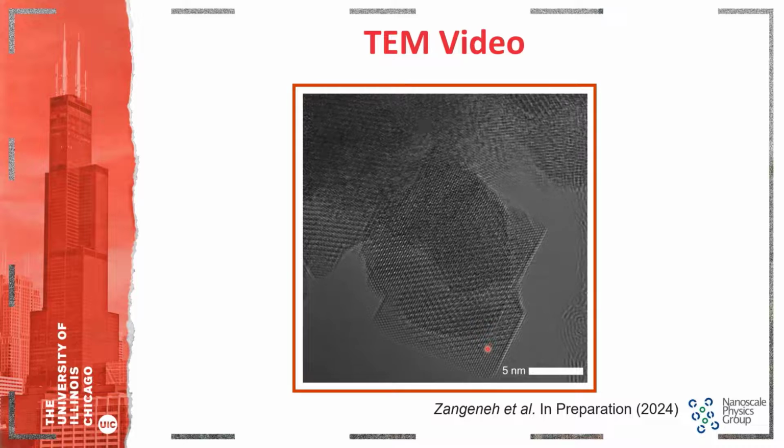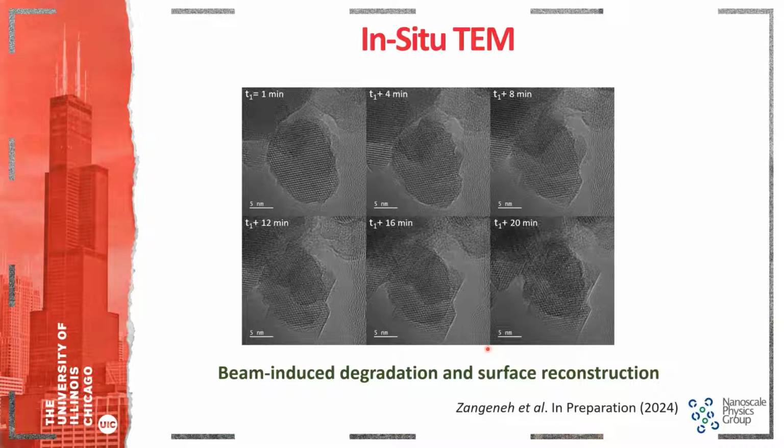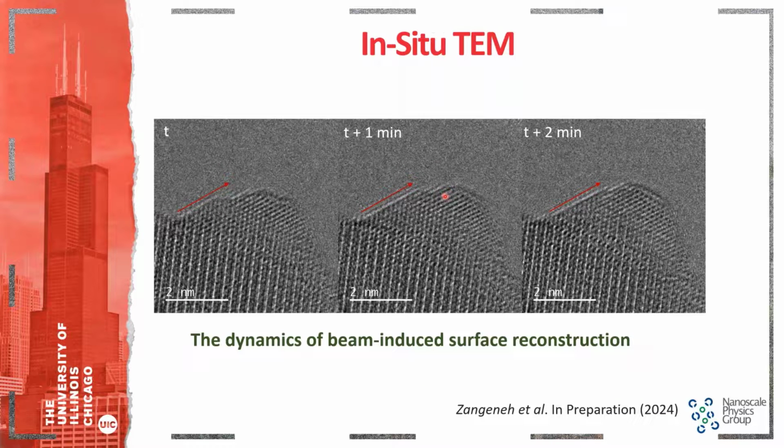If we take a closer look at this dynamic, based on these frames taken from the in situ video, we can see that there is a degradation happening in the first place, and then there's a creation of the second phase on top of the crystal. And if we go for another sample with a higher magnification, we can track this atomic column formation.